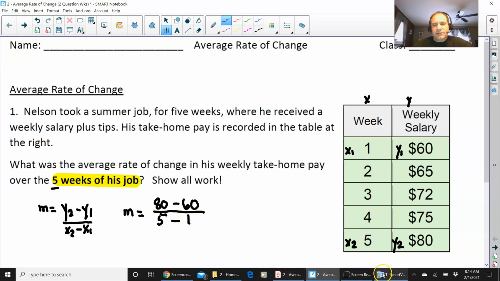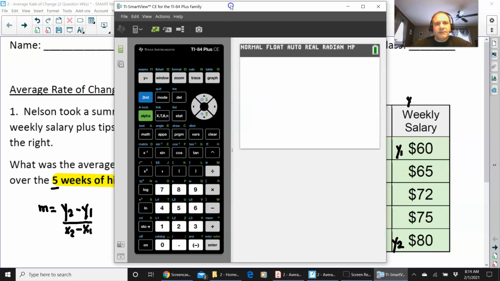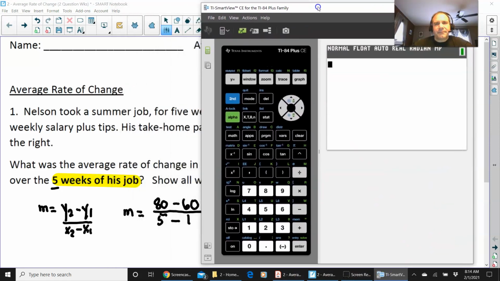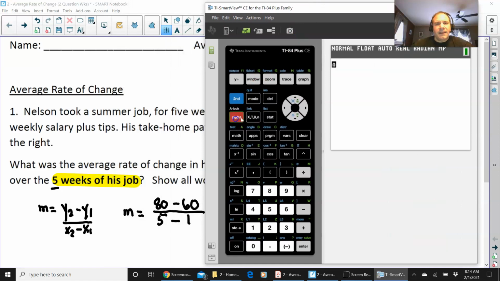I suggest using a calculator. Alpha x, 80 minus 60, denominator, 5 minus 1. Press enter, you get 5.